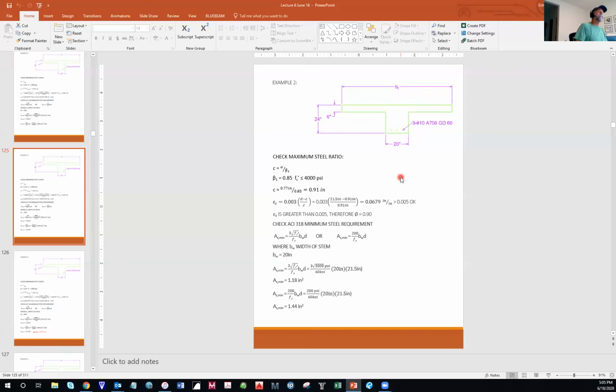If you have a T-beam that is in negative bending, so the top is in tension and the bottom is in compression, then that's when you use the 2 times B sub W or B sub F, whichever is smaller. Okay, does that make sense?